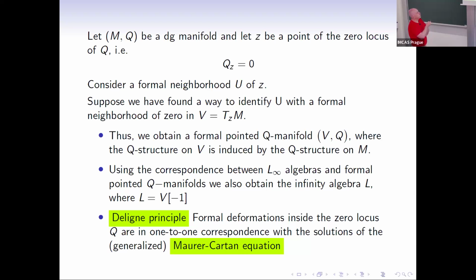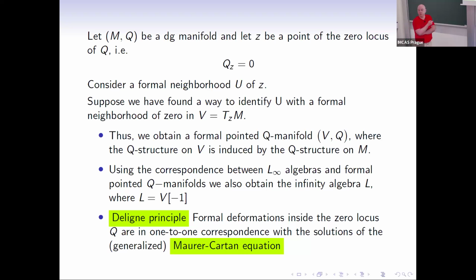Suppose it's possible to linearize not the Q field around this point, but the neighborhood, maybe analytically, maybe smoothly, but usually it's a formal linearization. So we have a zero point, we linearize the formal neighborhood of this point, identifying it with the formal neighborhood of the origin inside T_zM. Then the Q structure, since it vanishes at this point z, will give you an L-infinity structure on this vector space, if it's possible to identify it in such a way. In general it's not possible.